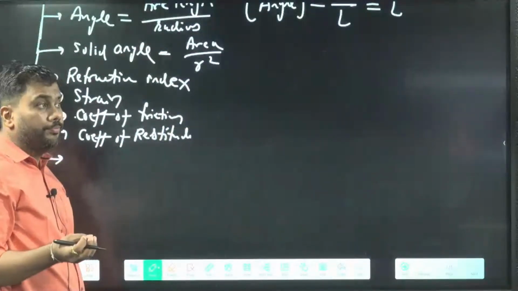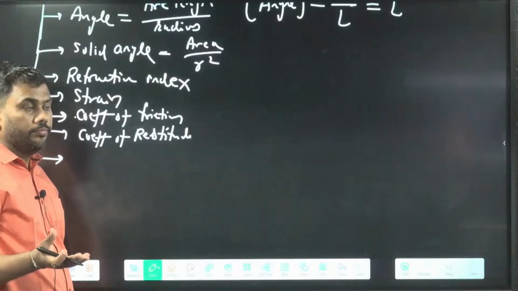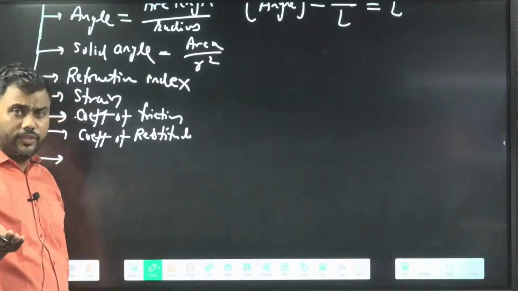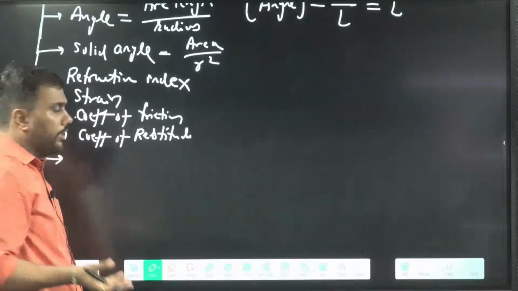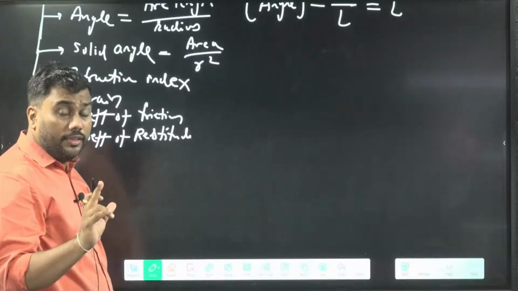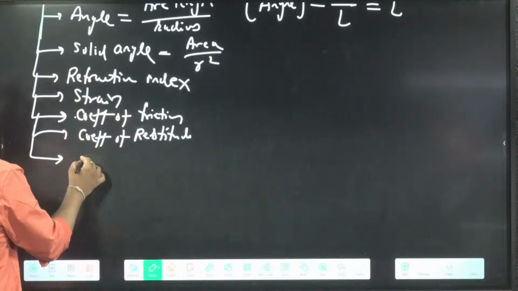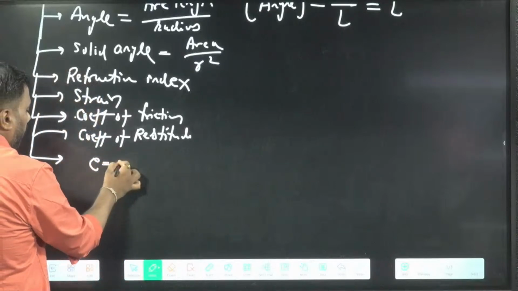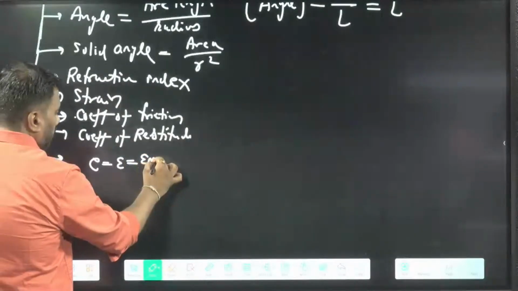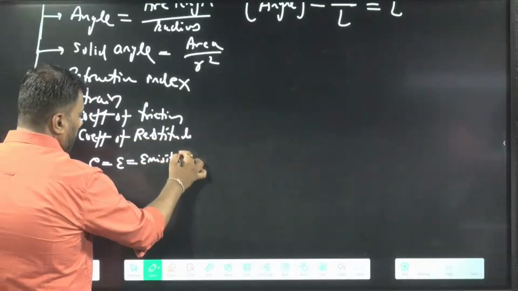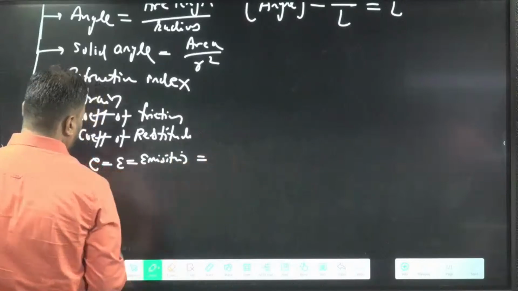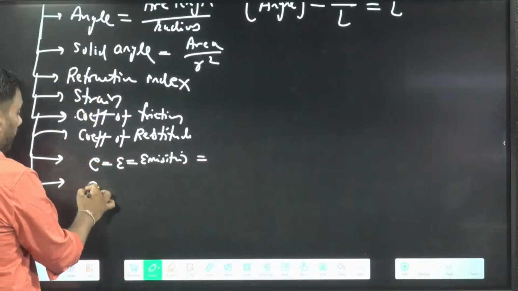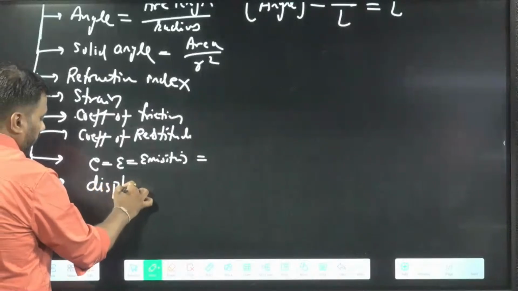Then in the Stefan-Boltzmann law, we find emissivity. That is dimensionless. I am not asking about emissive power. Emissivity is dimensionless. Emissivity is generally denoted by small e or epsilon. Then displacement gradient.